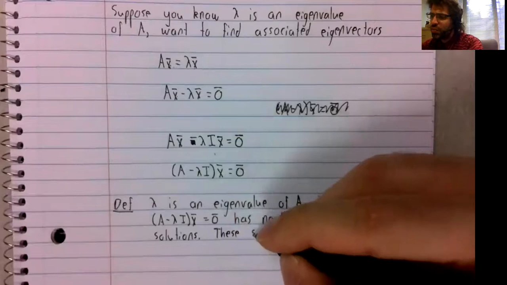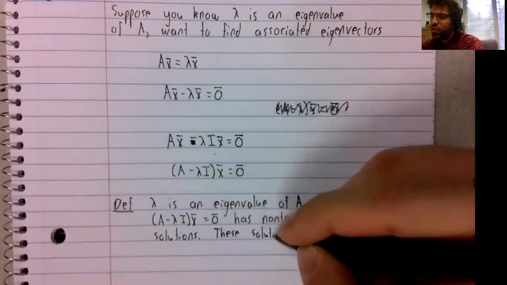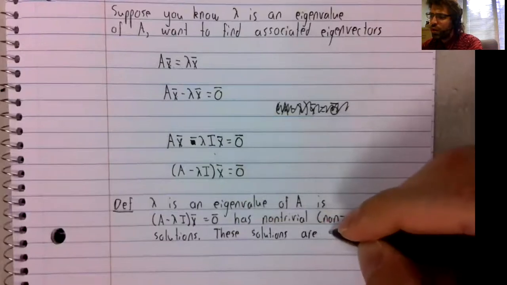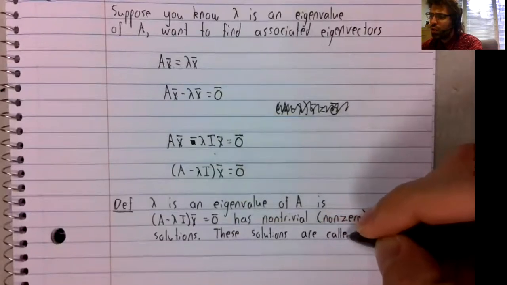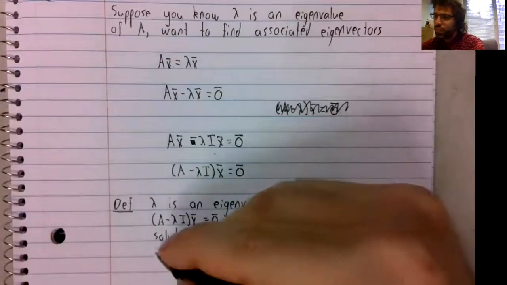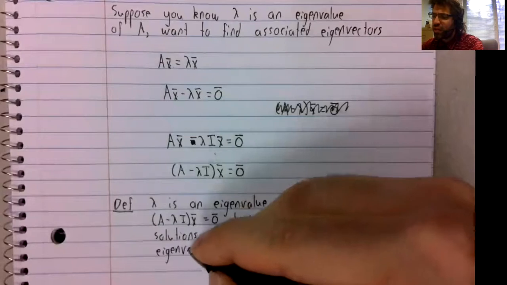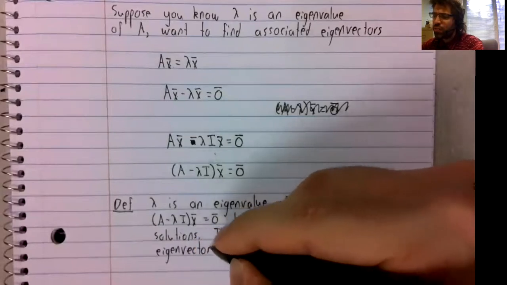These solutions are called eigenvectors.